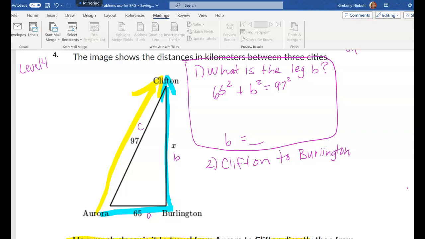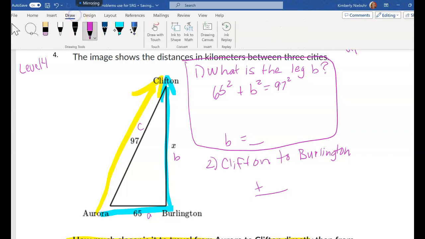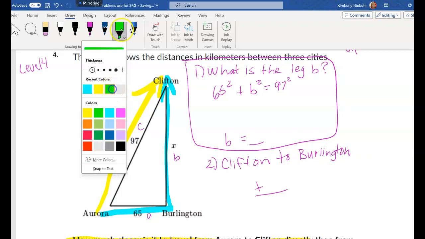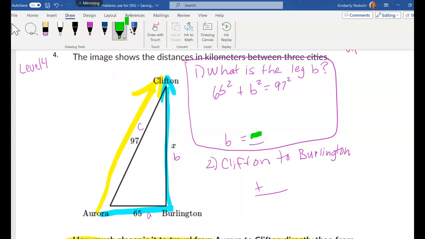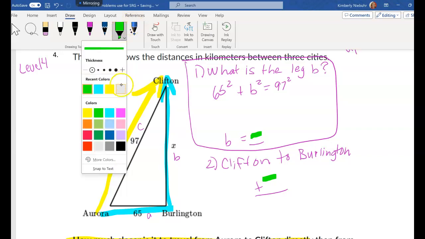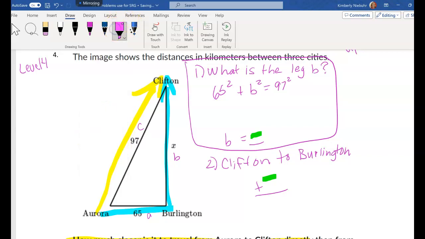So we're going to take this answer and put it here, and take this answer, 65, and put it here, and we're going to add it together.